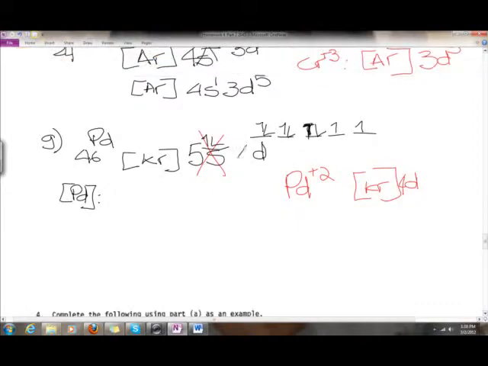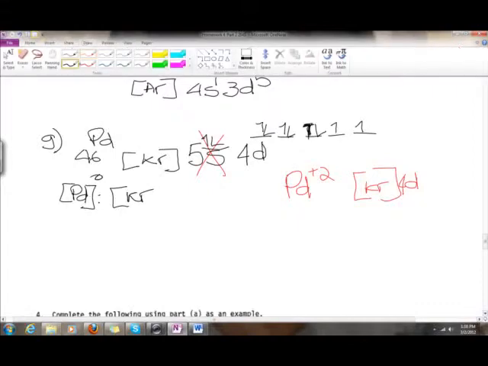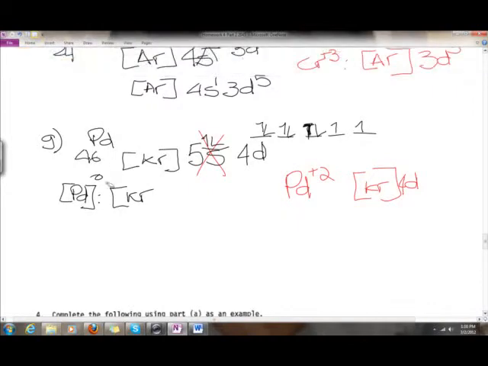Let me do it the right way, 4d, and it's krypton, that's the 0, okay? And it would be charge 0, and it would be krypton 5s2.